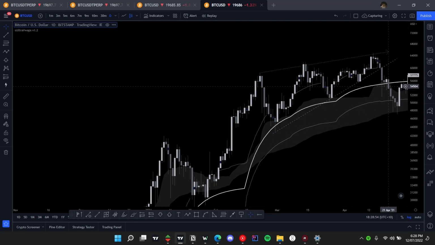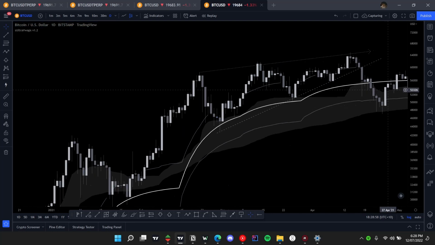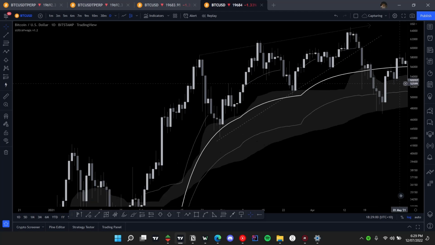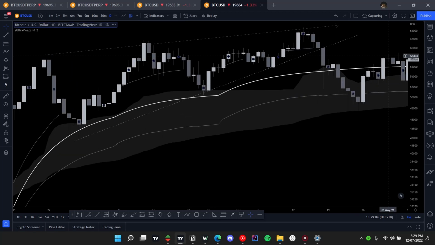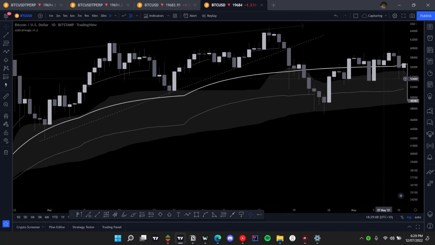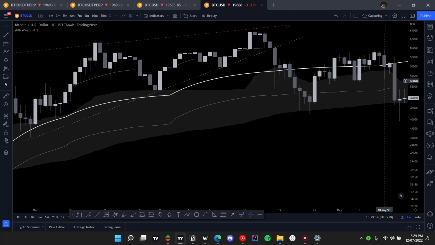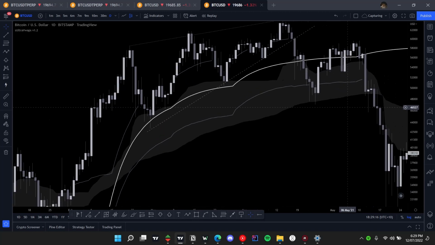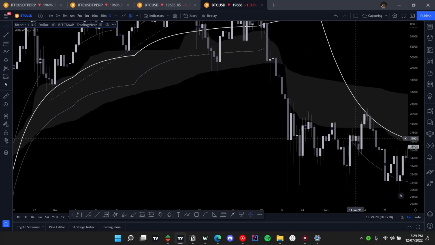Then I would personally like this retest, for the price to break below this candle right here, which didn't happen, but price came up, retested it for a while, and on this candle it finally broke out. Now this is when I would like to short, and we were right on the money, and then price got accepted into here.